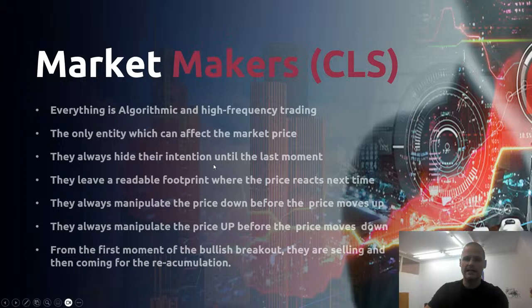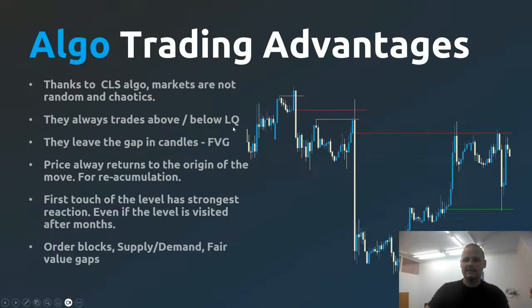So let's go to another slide. This is just why I was saying that everything is algo trading. Just to show on this example, we can see, as I was saying, that they always move price up into the liquidity before they go down. And again, they do some consolidation, creating interest, trying to attract people maybe into the longs by breaking this high.